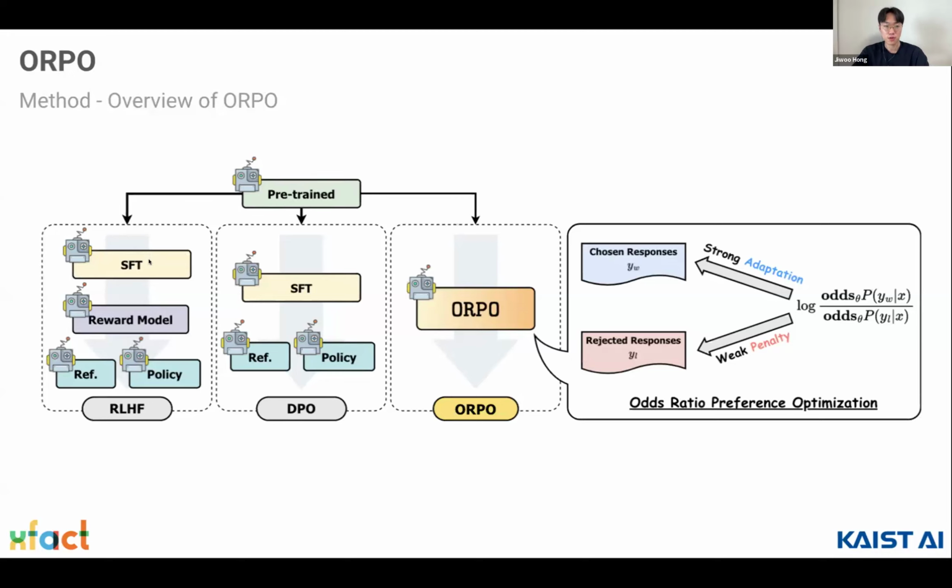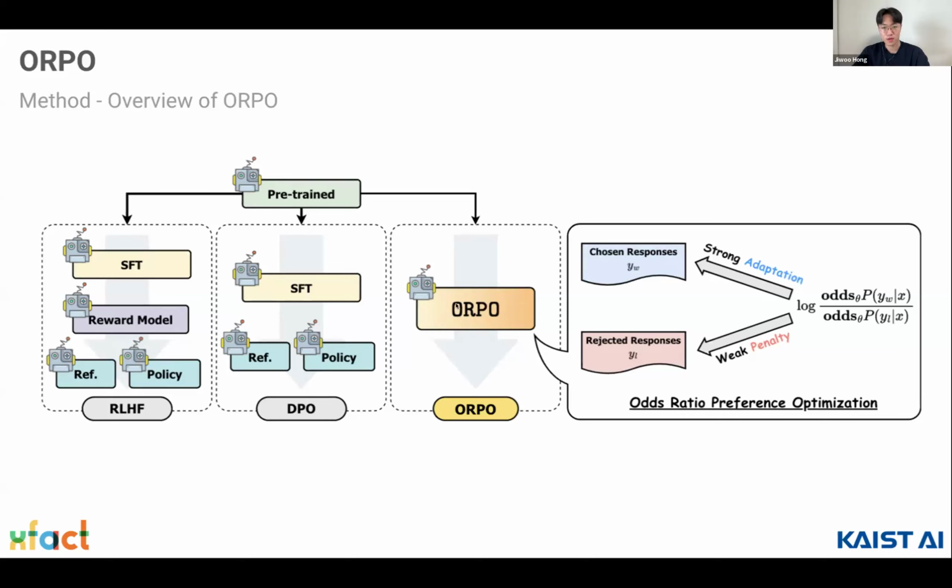And we have to upload the reference model and the trained policy, the trained model, on the GPU. So there are 3 models on the GPU: the reward model, the reference model, and the trained model. So it is heavy and costly. And DPO excluded the need for a reward model, and it is relatively simpler than PPO, but still heavy because we have to upload the reference model and the trained model.